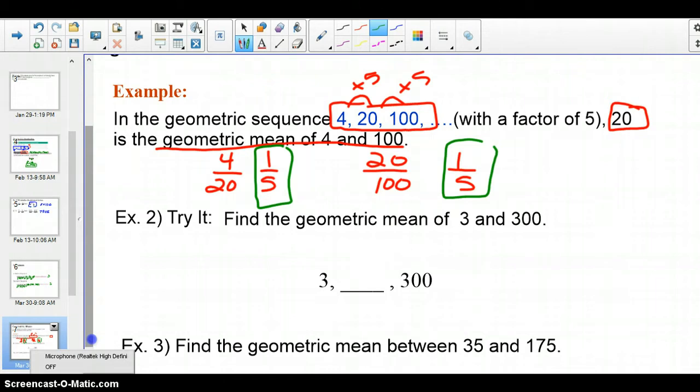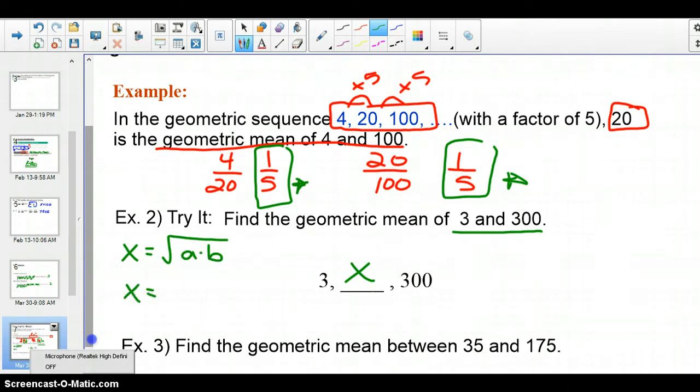So for example 2 here, if you want to find the geometric mean of 3 and 300, basically you're looking for some number in between 3 and 300 so that you can create this common ratio like I did up here. The way you calculate this is just like I had earlier. You can look back if you want. The geometric mean is just the square root of a times b. In this case, it's 3 and 300.